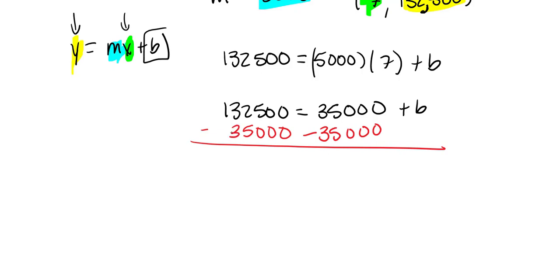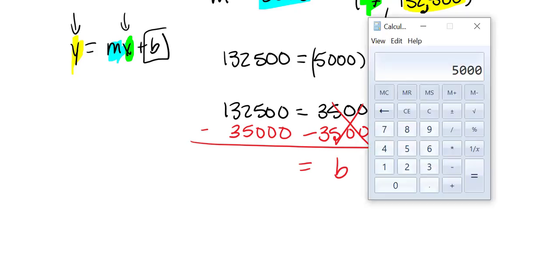I started out with the zeros to make sure I lined up my place values. So now we have b on the right because this is just 0. Let's subtract now. So we get 97,500.